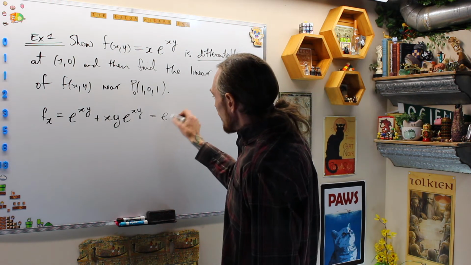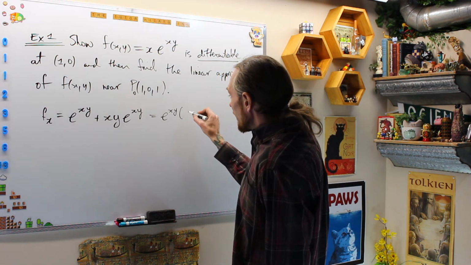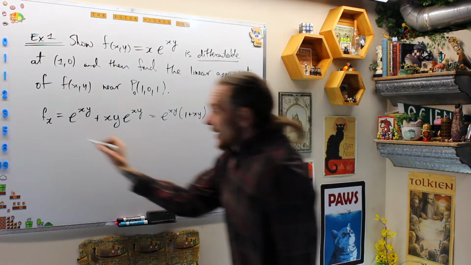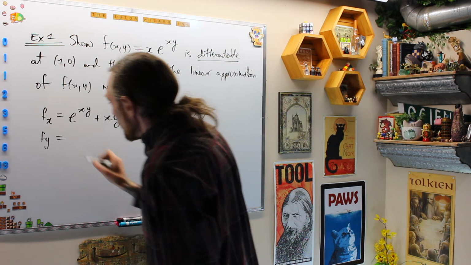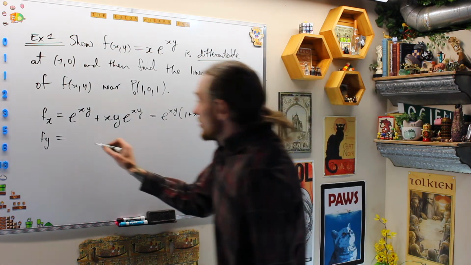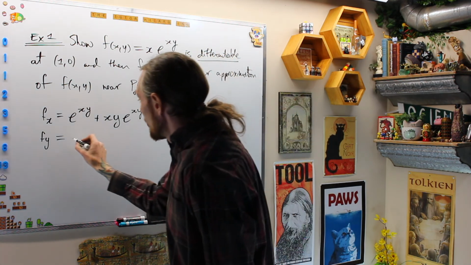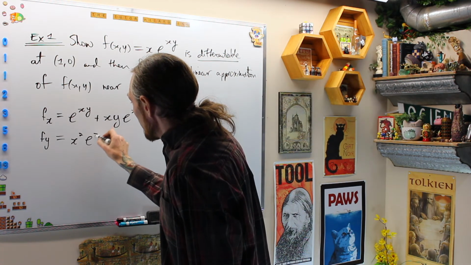Therefore this is, you could make this look nicer, e to the xy times (1 plus xy), and fy is equal to the derivative of this guy with respect to y now, so that is going to be x squared e to the xy.